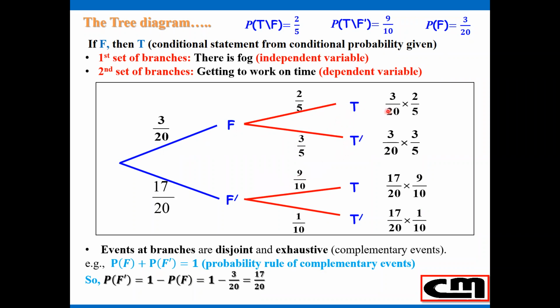This is why you see that we have a product here of their individual probabilities, because when we say F and T, we are simply saying we are supposed to use the product rule, right? That is multiplying their individual probabilities. So this is how I came up with these probabilities when I follow the branches separately, right?